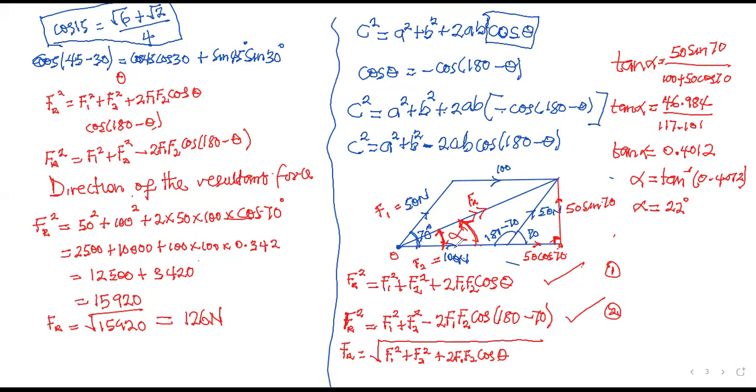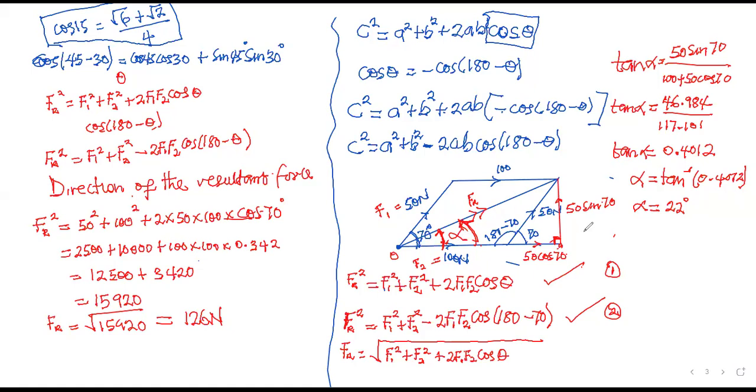So it means that this angle of 22 degrees is from the east or from the x-axis. So when you measure 22 degrees from the east or x-axis in an anti-clockwise direction, because the resultant is up. Asafo, are you okay?